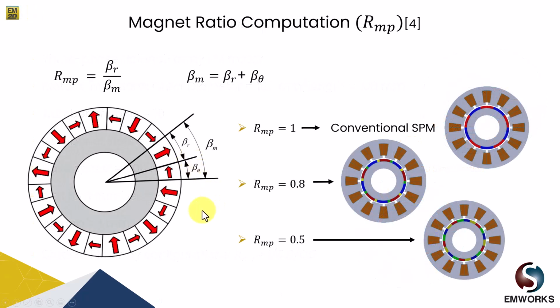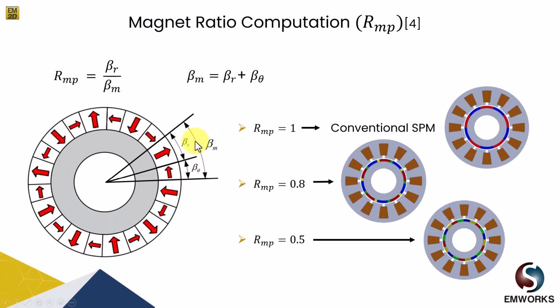So to understand it in a much better way, RMP is defined as beta R by beta M. As we can see in the diagram, beta R is the radially positioned first magnet, and the second magnet is in the tangentially facing position. The total of this arc gives you beta M, that is the magnet arc.